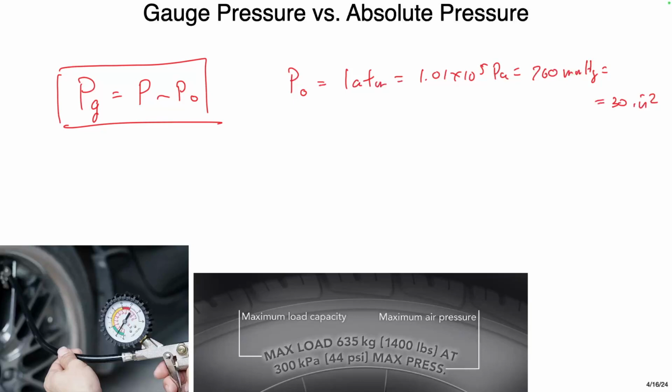And if we say 1 atmosphere, then you immediately know that's 1.01 times 10 to the 5th pascals, and you just move on with your life. But just realize a pressure gauge will always tell you the difference between the real pressure and the atmospheric or ambient, the surrounding pressure.